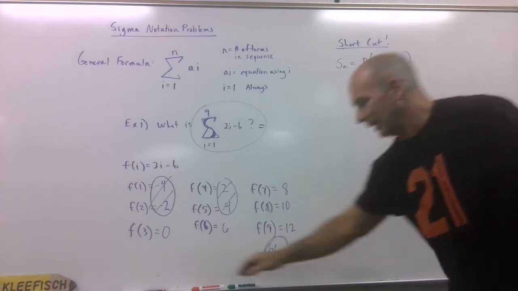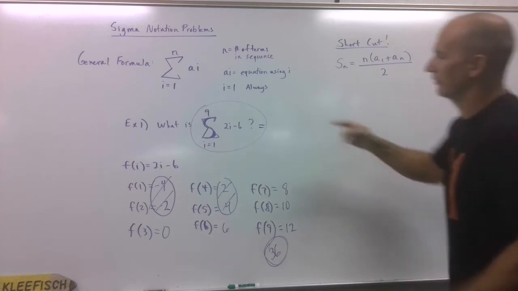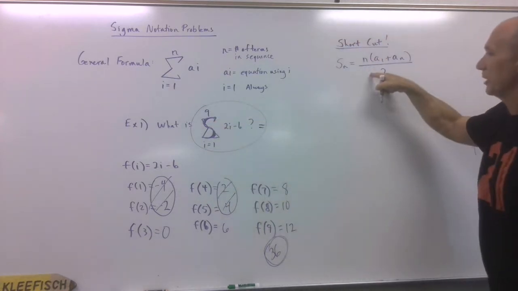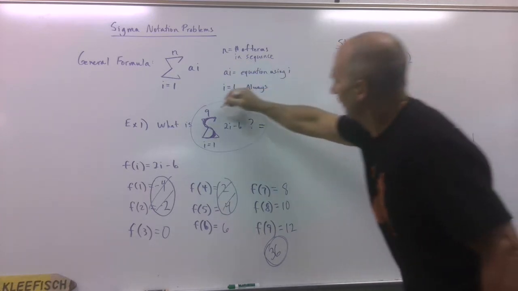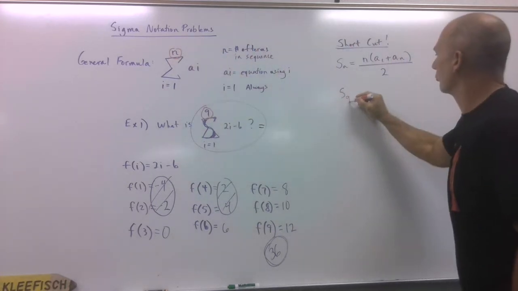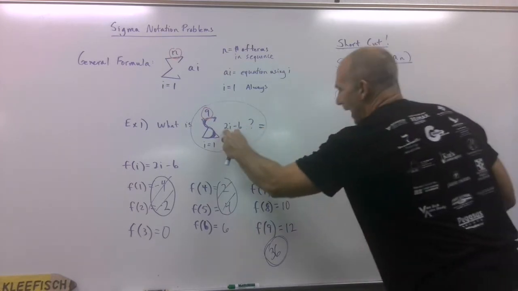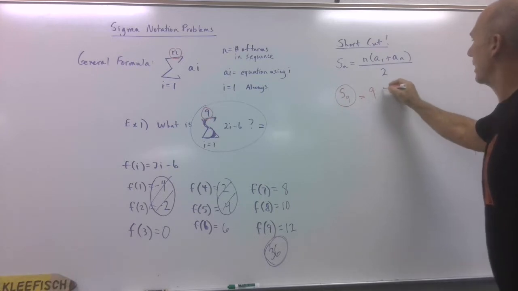All right, is there a shortcut? Glad you asked. Remember, they want the sum of the sequence. Well, we've talked about this formula right here. Because n is 9, I know I'm interested in the sum of all the first 9 terms of that function. So I stick in 9 for n.